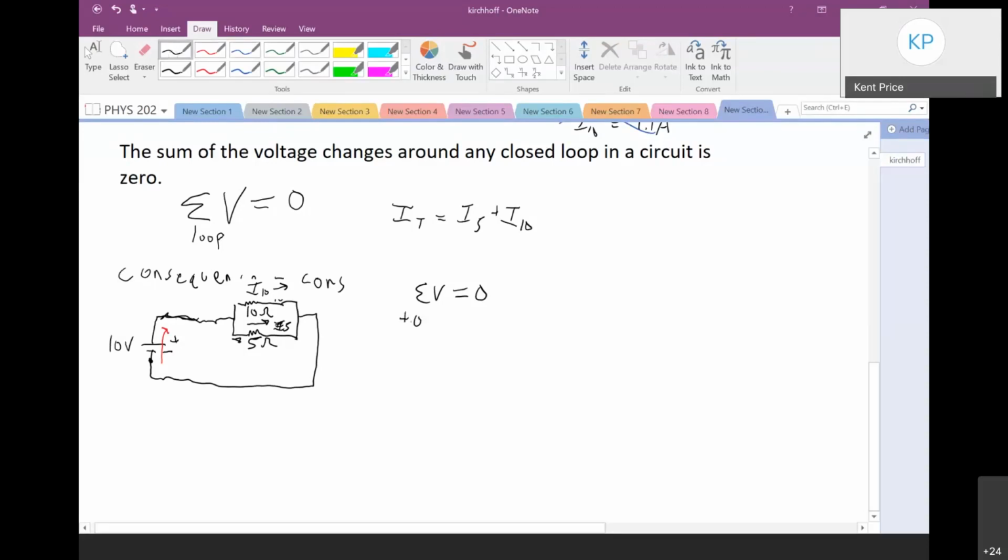Not plus 0, plus 10 volts. Then we continue our walk. Now I come to a fork in the road. I have to decide, do I want to go up or down, or left or right? I think I will just go this way.